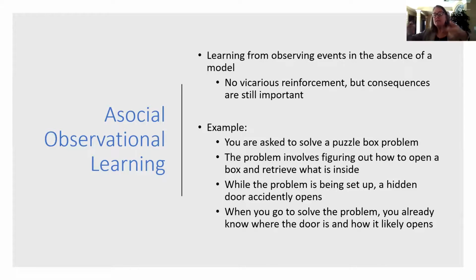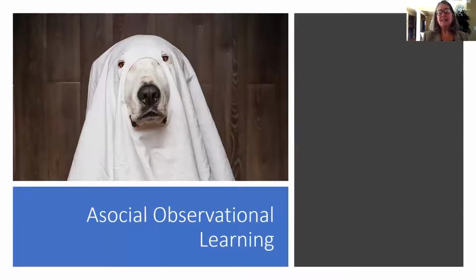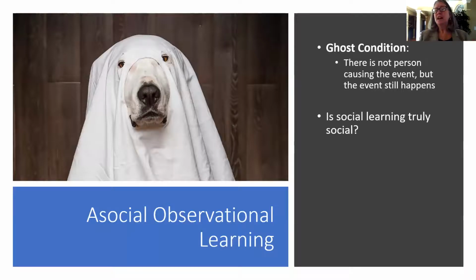But if the wind caused the log to roll over and reveal that there are ants there, then the animal's still likely to turn over the log, because now the animal has learned through asocial observational learning that there are ants underneath that log if you can get to them. And of course, that leads us to the question, is social learning truly social?